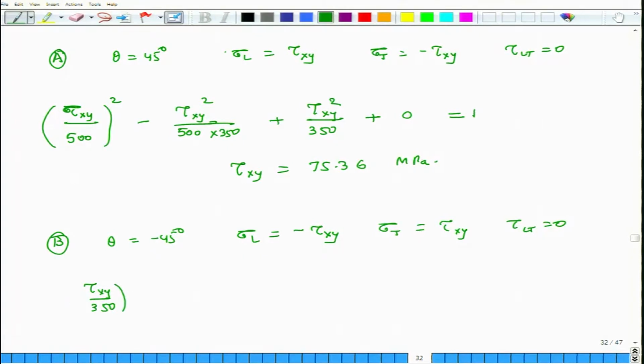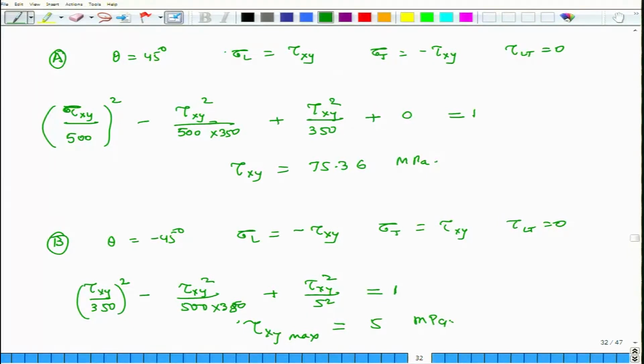Instead of 500 now I have 350 squared, minus tau xy squared divided by 500 times 350, plus tau xy squared, and this one makes a really big difference, divided by 5 squared, and this for failure should be 1. So, tau xy max is equal to 5 MPa. Theta is minus 45 degrees, or you can say theta is the same, but tau xy is the negative of tau xy, it is the same thing. Okay. So, you get 5 MPa.